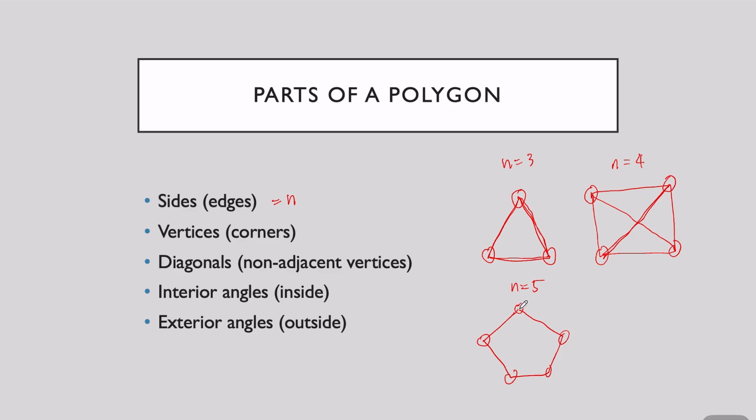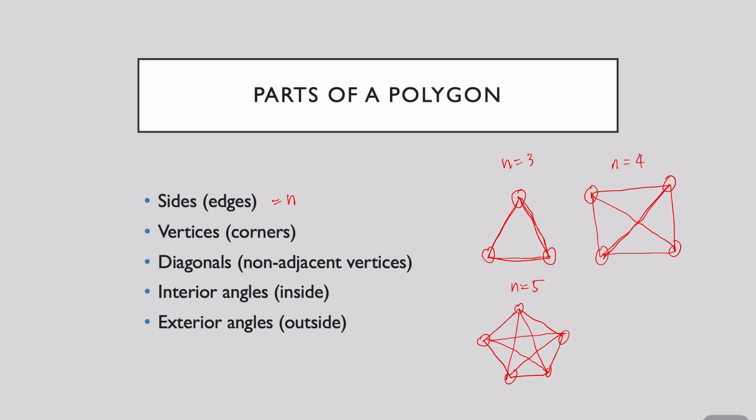So, this is non-adjacent. Because this is non-adjacent. You can form a star. How many diagonals is that? So, you have 5 diagonals. Okay? So, it depends. You can try with the rest or later on you will look at it. But these are your diagonals. Non-adjacent vertices or non-consecutive vertices connected by a line segment.